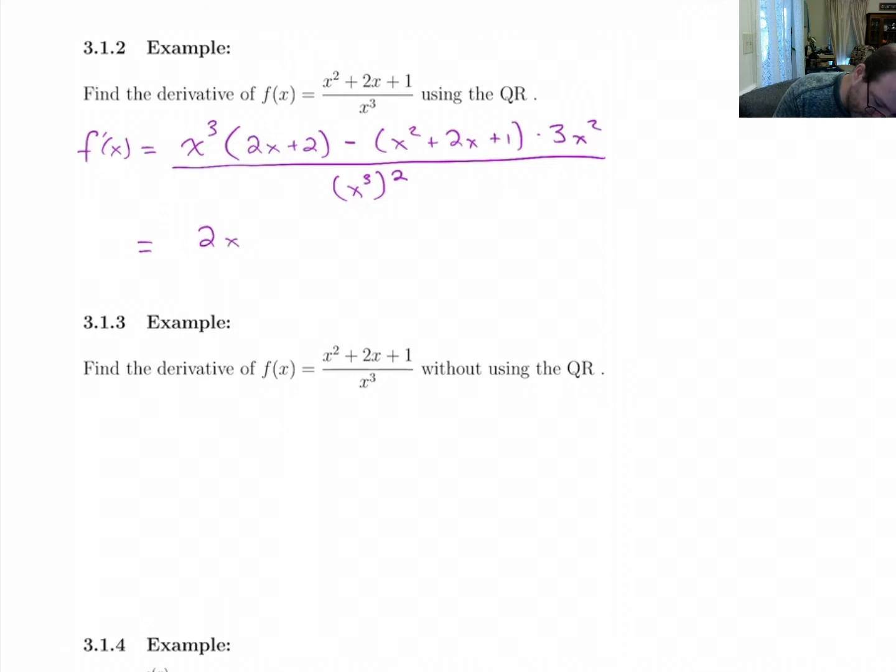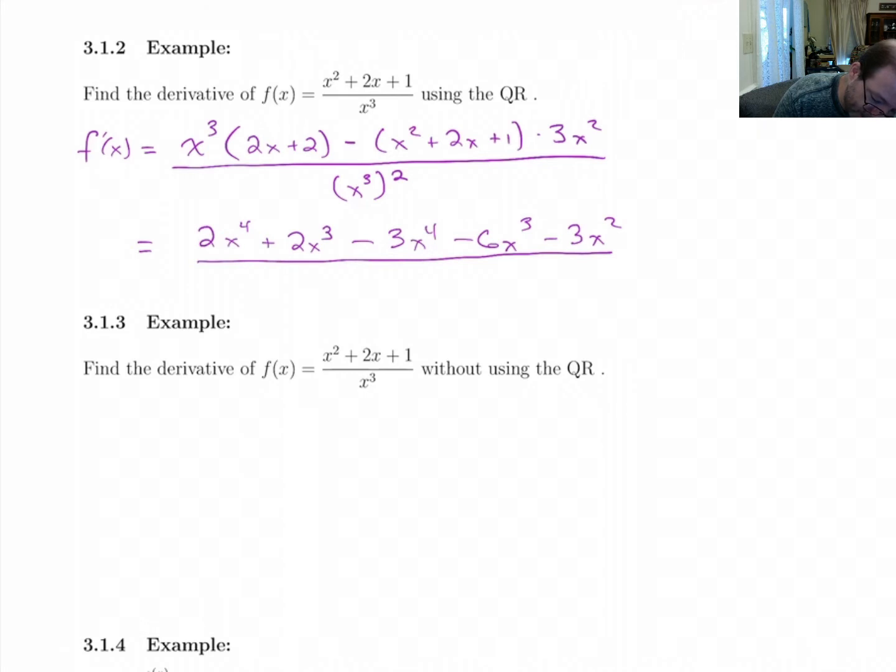Distribute this out, you get 2x to the 4th plus 2x cubed minus, I'm going to distribute the negative 3 and the 3x squared at the same time. So we get minus 3x to the 4th minus 6x cubed minus 3x squared. And all of that's divided by x cubed squared, which is x to the 6th.